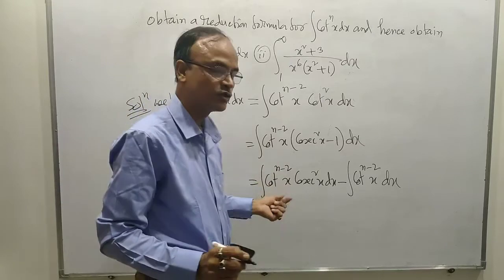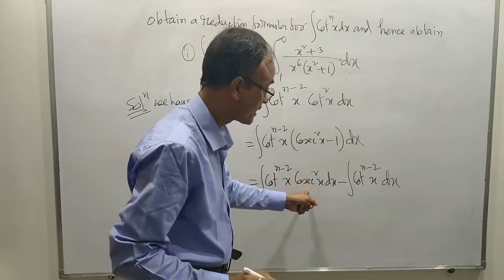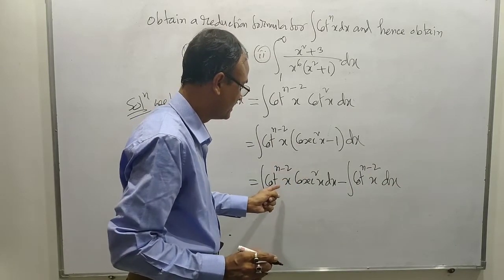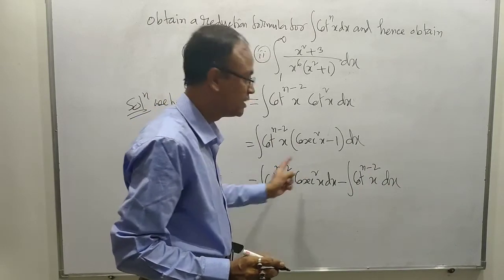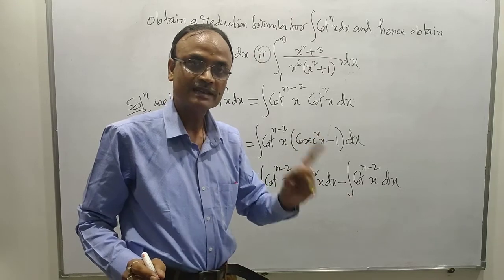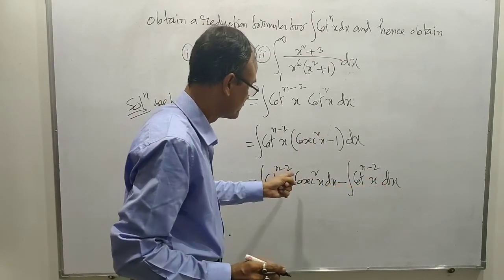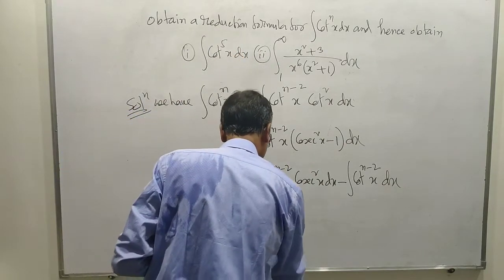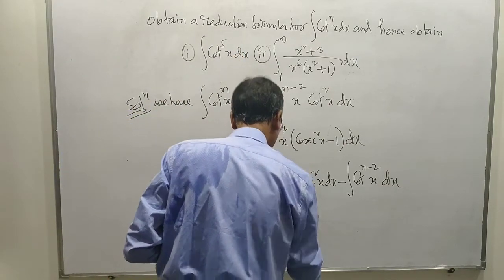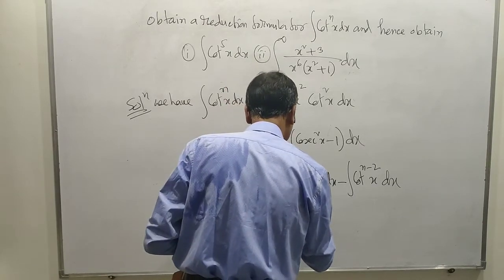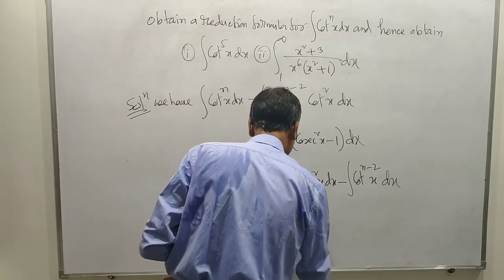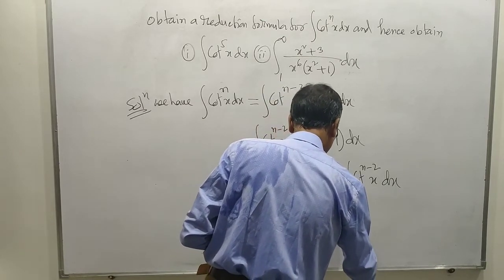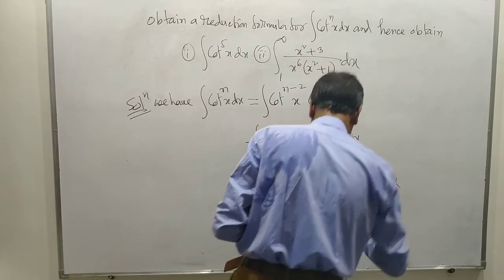If you put cot x equal to z, cosec square x dx will be equal to minus dz. What will be this integral? Minus integral z to the power n minus 2 dz. This is equal to, with a minus sign, cot to the power n minus 2 plus 1 x divided by n minus 2 plus 1, minus integral cot to the power n minus 2 x dx.